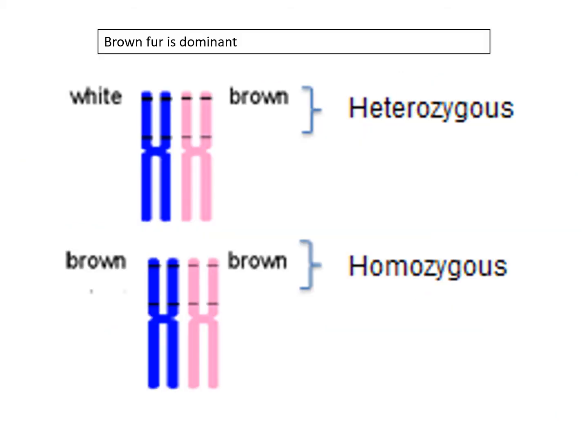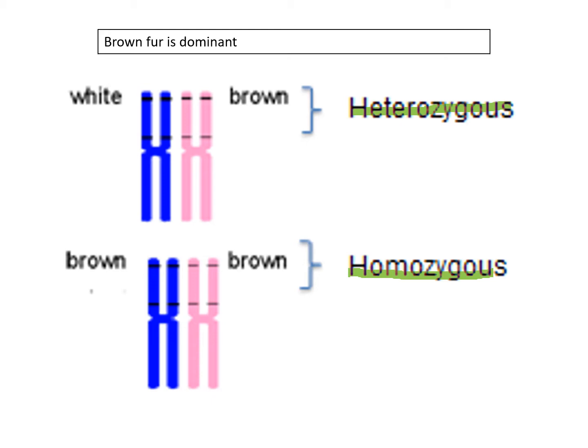Let us now introduce more terminology important to this topic. This includes the word heterozygous and homozygous. And these two words refer to the relationship that is found between your two alleles. In order to explain this, I've chosen to look at an example of fur color in dogs.